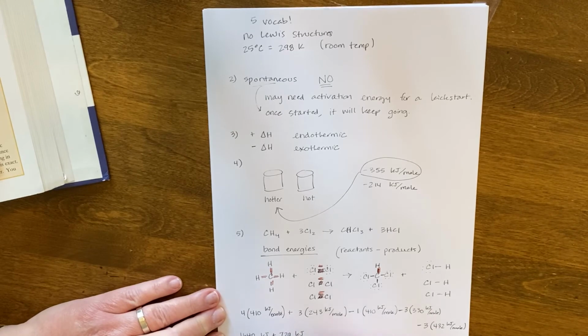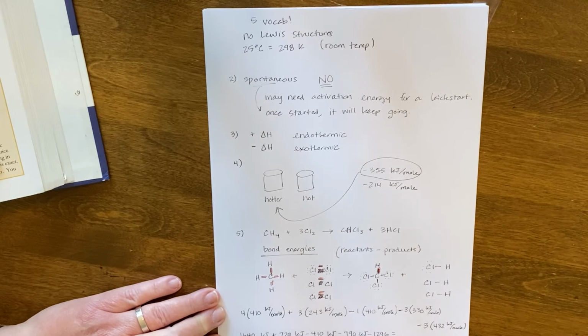And now I have a minus 410 kilojoule. Another minus 3 times 330 is 990 kilojoule. And then minus my 3 times 432, which is 1296.